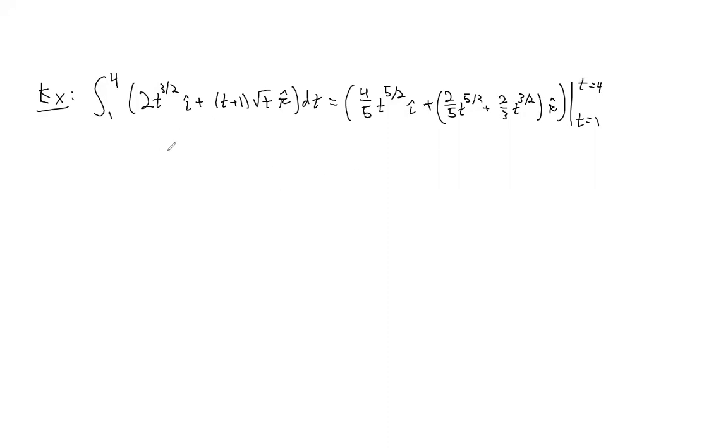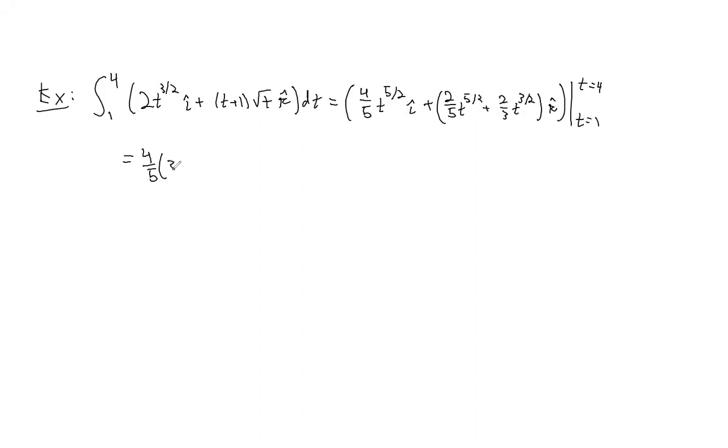So we're going to do this. What do we find? Well, as you integrate that, as you just take both sides of this, the t term is going to become 4/5. 4 to the 5/2 is 2 to the 5th. 2 to the 4th is 16, to the 5th is 32.